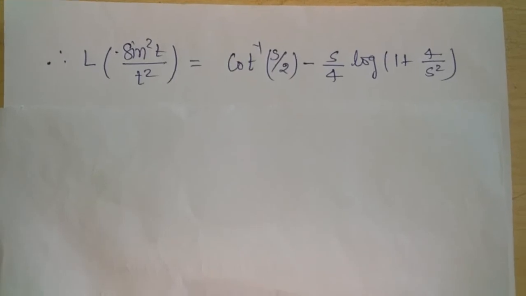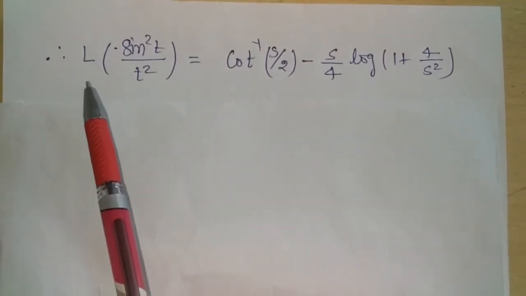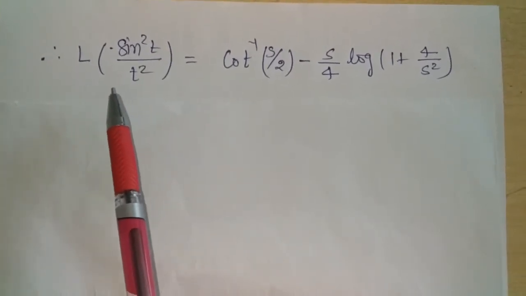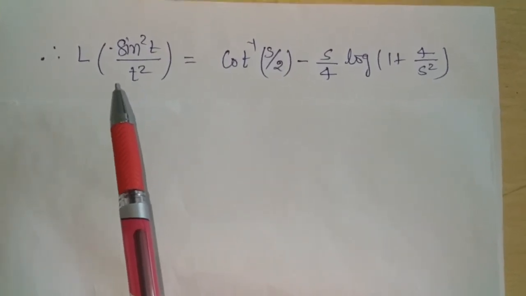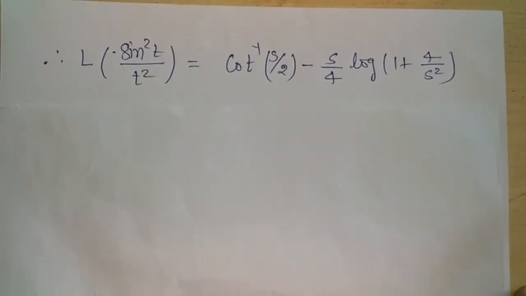Now to evaluate the integral, in place of the Laplace operator on the left hand side, we write the Laplace integral, which is: the Laplace transform of f(t) is the integral from 0 to infinity of e^(-st) f(t) dt.